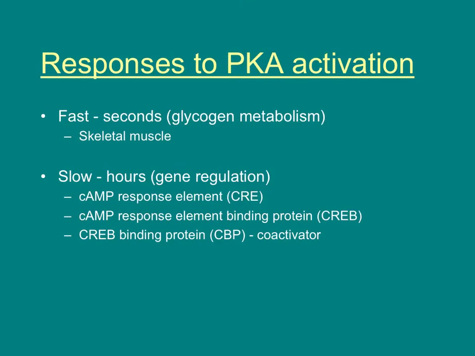So PKA actually is important for this glycogen metabolism. PKA phosphorylates a protein that helps glycogen to be broken down. PKA can also have these really long-term effects, right? It can actually cause gene regulation. So breaking down sugar can be like this, right?